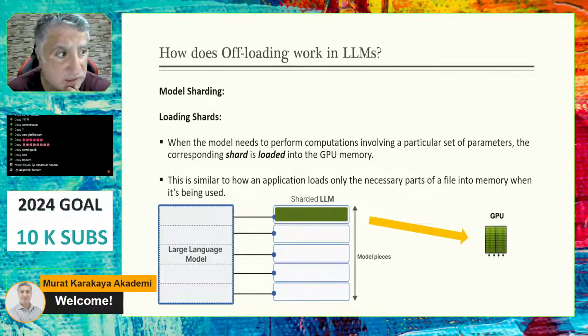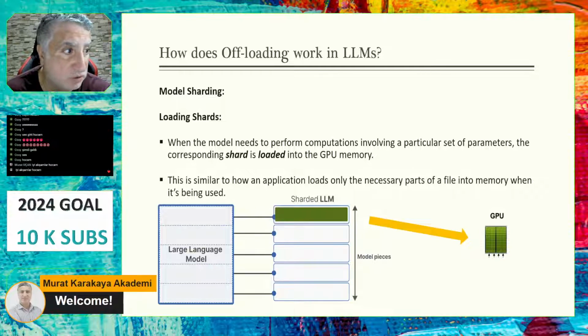So each layer's output becomes another layer's input. Therefore, a couple of layers can be run together in the GPU RAM, and they can produce the output. Then you copy the output. Then you just switch the sharded LLM.